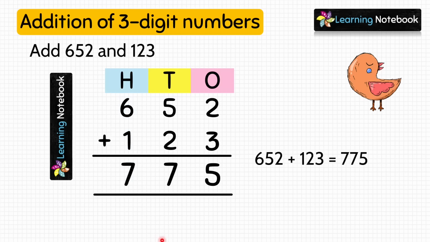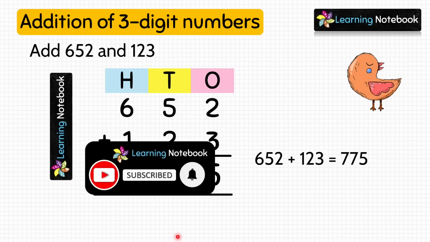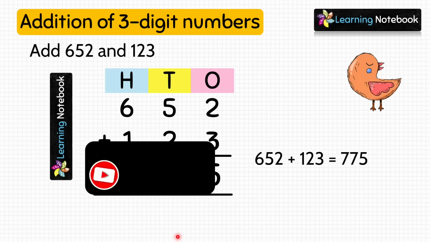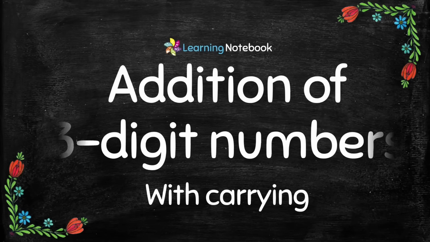So the answer is 775. So kids, this is how we add two 3-digit numbers without carrying. Now let's do addition of 3-digit numbers with carrying.